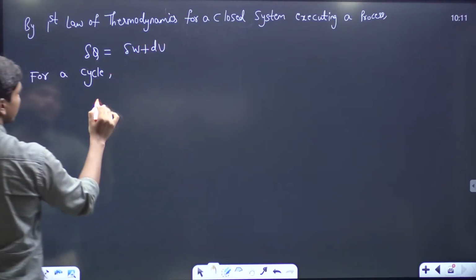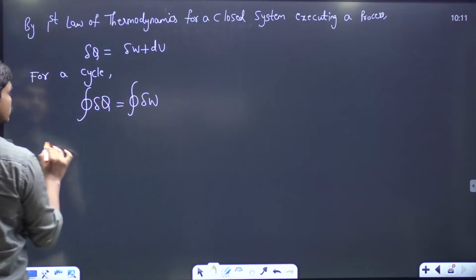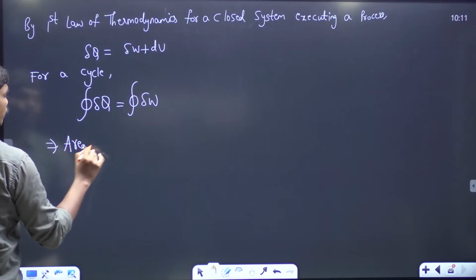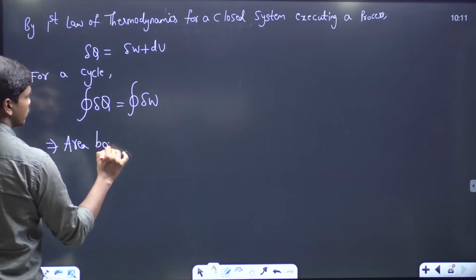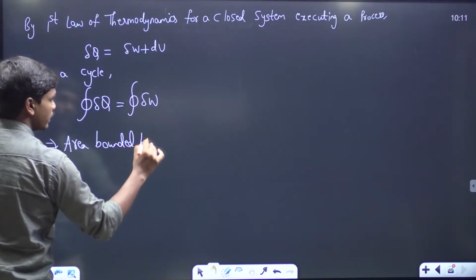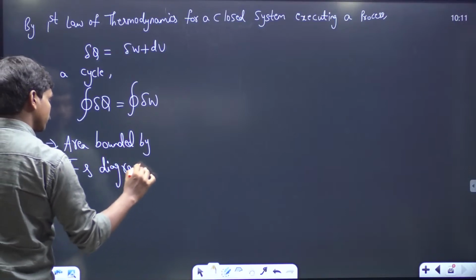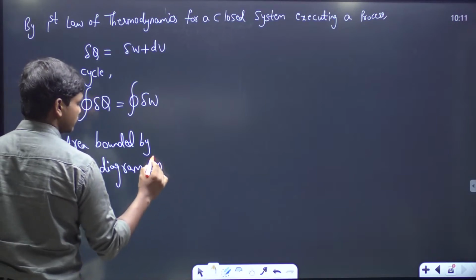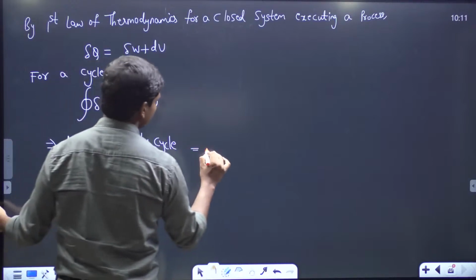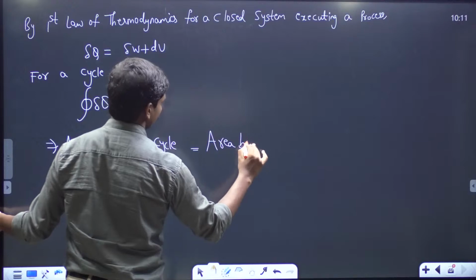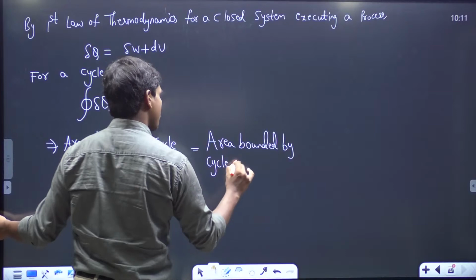So for a cycle, we know del Q is equal to del W. If you integrate this over the same cycle, it implies that the area bounded by the cycle on the TS diagram is the same as the area bounded by the cycle on the PV diagram.